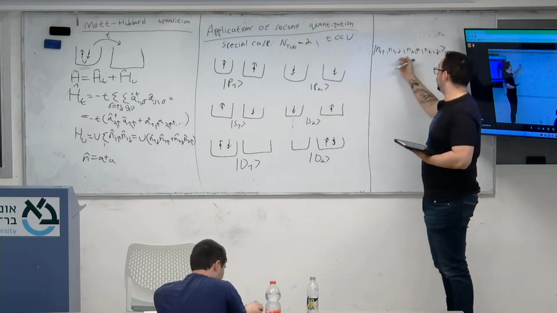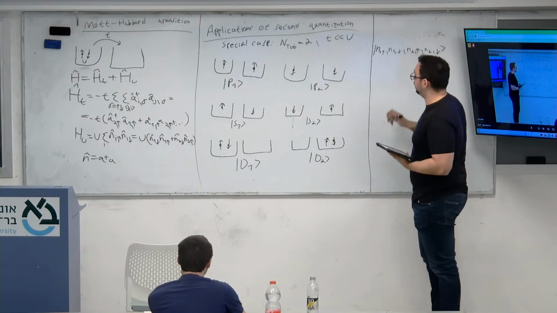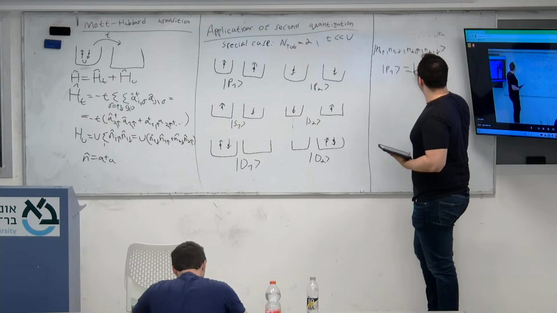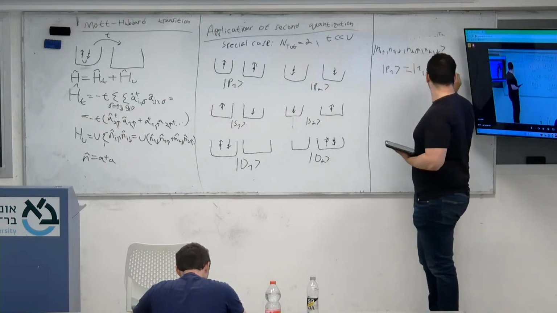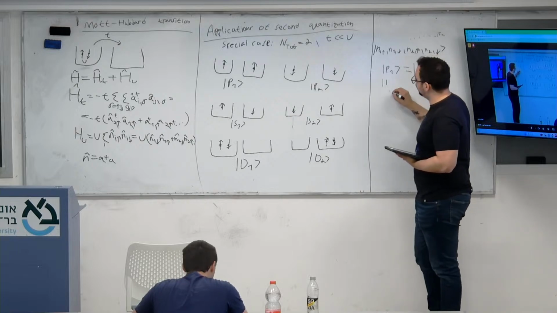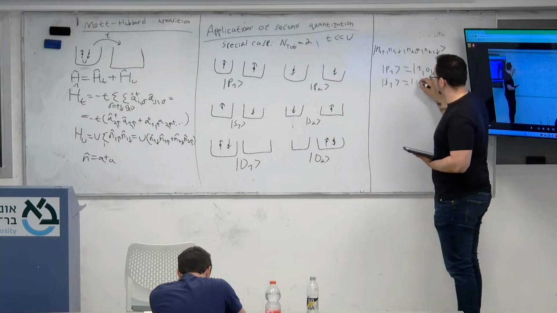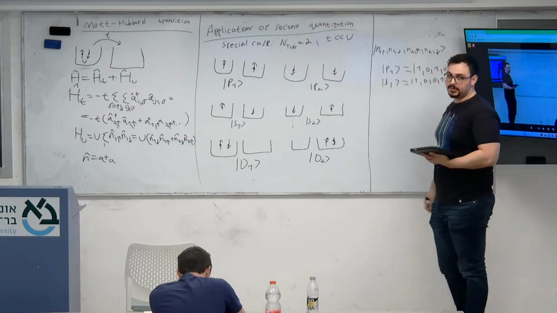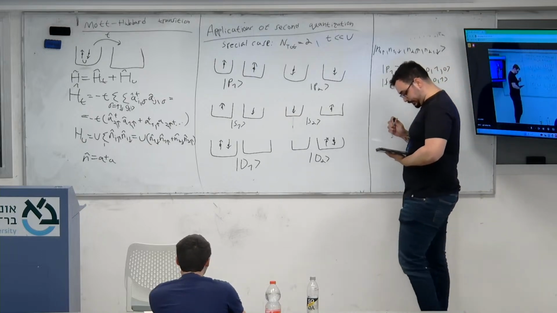With this writing I can represent all of the different states. For example, P1 would be equal to 1, 0, 1, 0. And S1, for another example, will be equal to 1, 0, 0, 1, and so on and so forth.